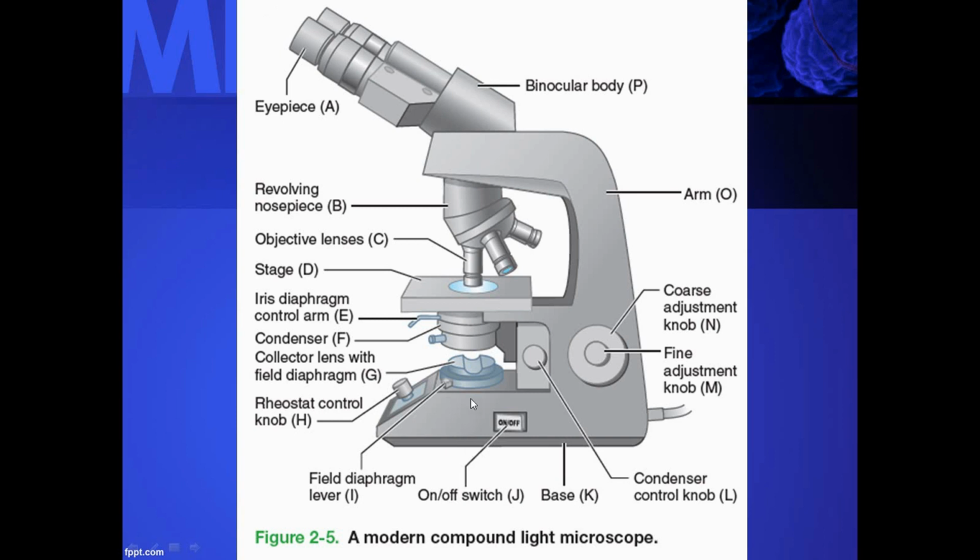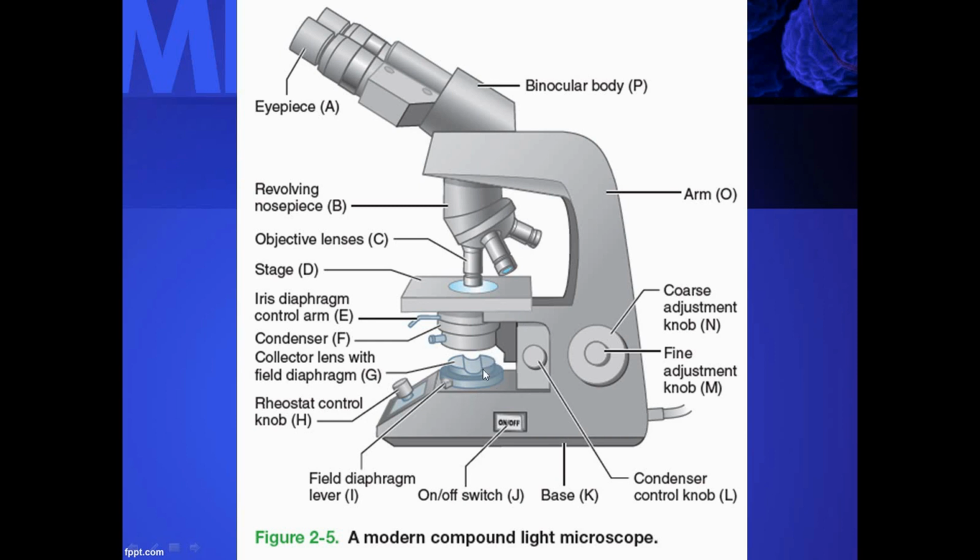Firstly, the light passes through the field diaphragm that has a collector lens. The collector lens helps make the light waves parallel, since they are produced divergent. They go like this and like this.